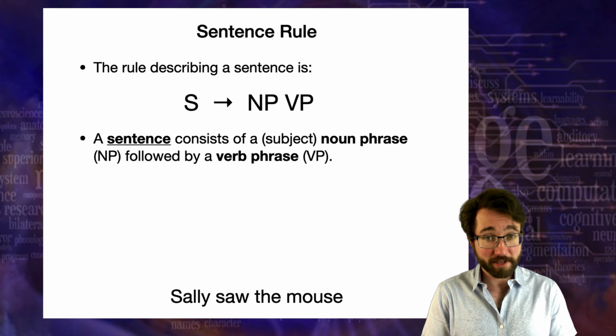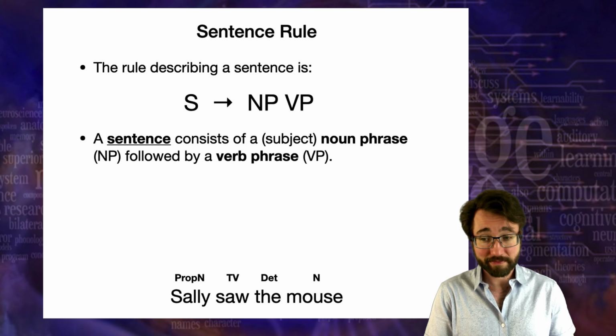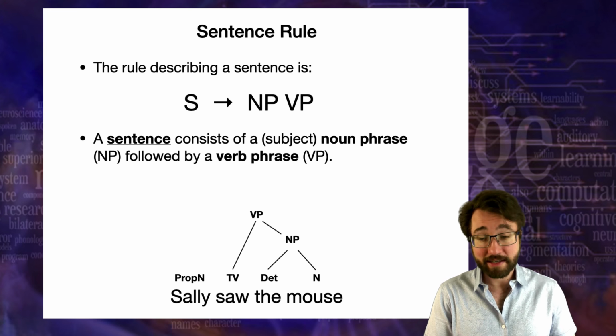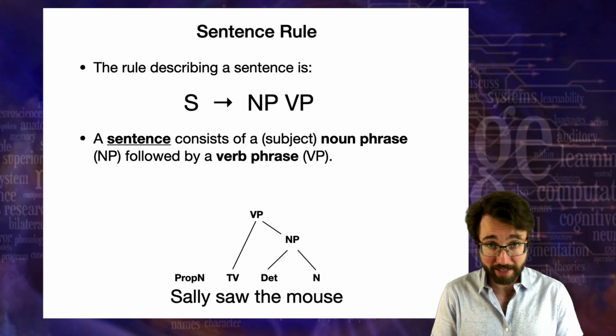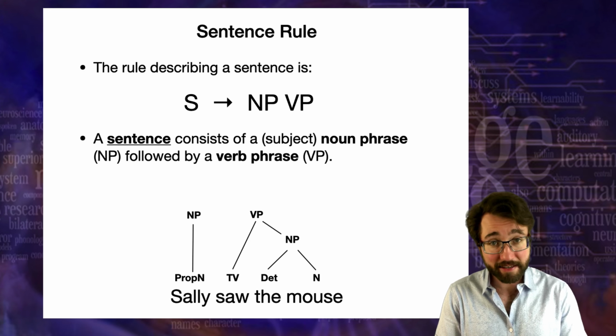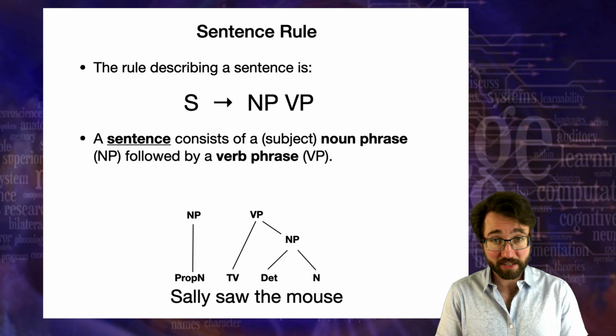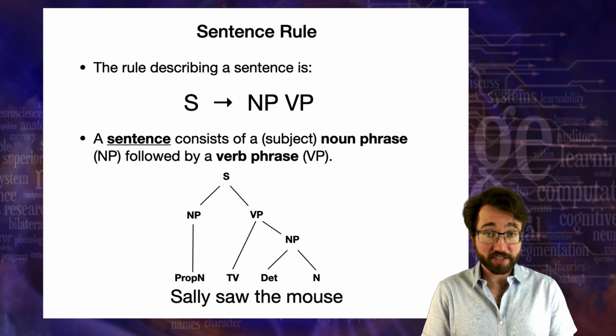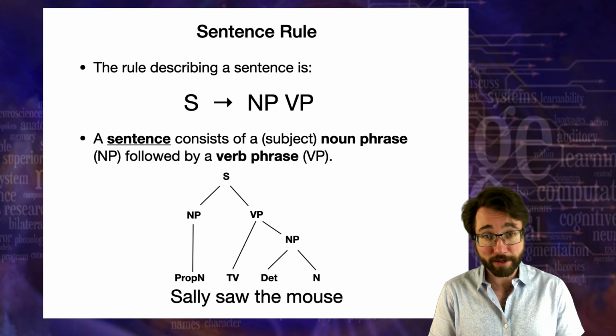In this case, like for Sally saw the mouse, think about how this would break into parts according to our rules. So the mouse is a noun phrase. Saw the mouse is a verb phrase. Sally is a proper noun, which is a noun phrase. And the whole thing is a sentence, which consists of an NP followed by a VP.